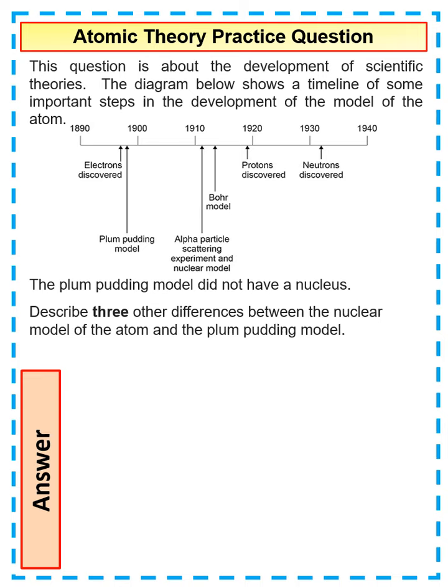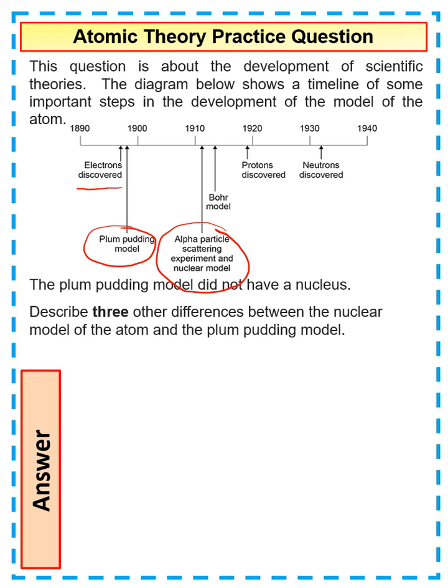So we've got the discovery of the electrons. Remember that then led on to the plum pudding model. After that, you had Rutherford's alpha scattering model, where we defined that the atom had a certain structure.